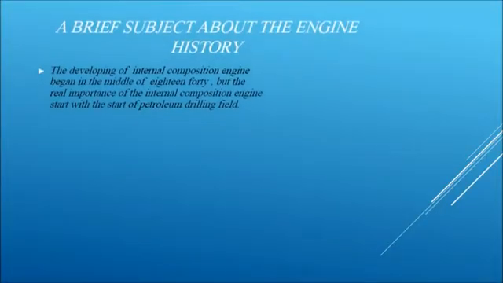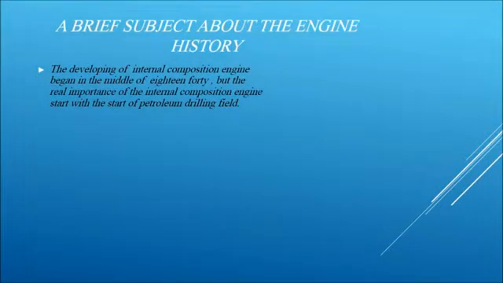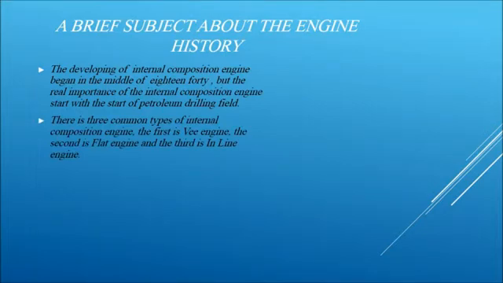The development of the internal combustion engine began in the middle of 1840, but the real importance of the internal combustion engine started with the start of petroleum drilling. There are three common types of internal combustion engine.